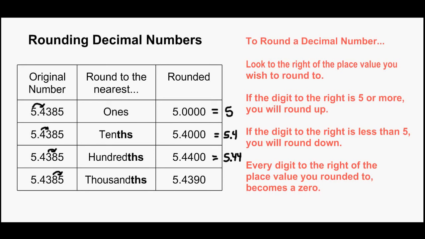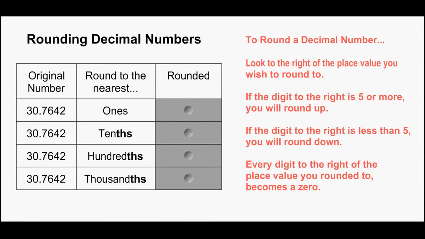Our number rounds to 5 and 439 thousandths. We can follow the 9 with a 0, or we can write our number 5 and 439 thousandths without the 0. Are you ready to round decimal numbers?